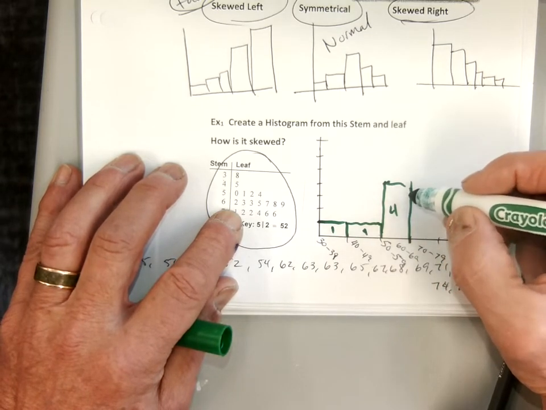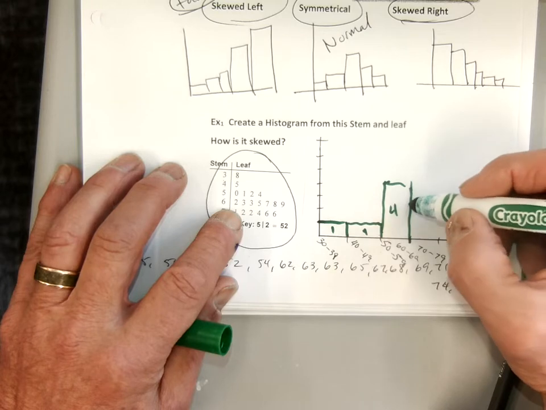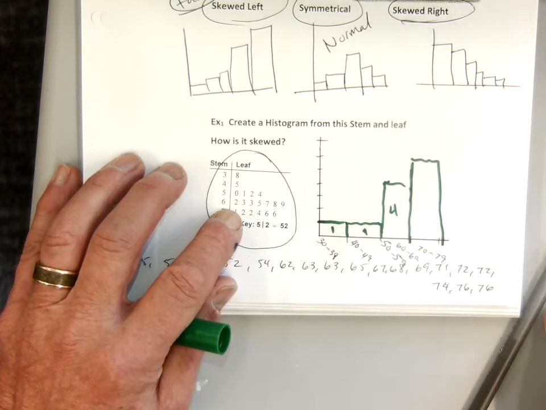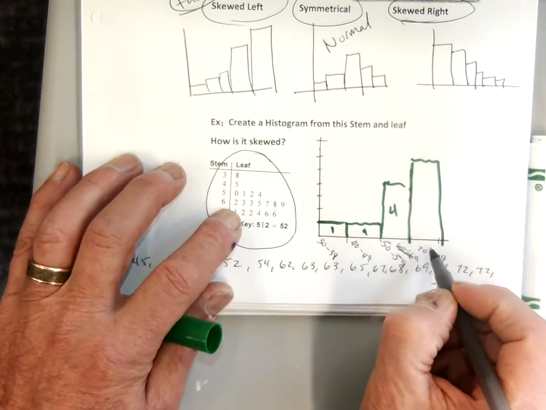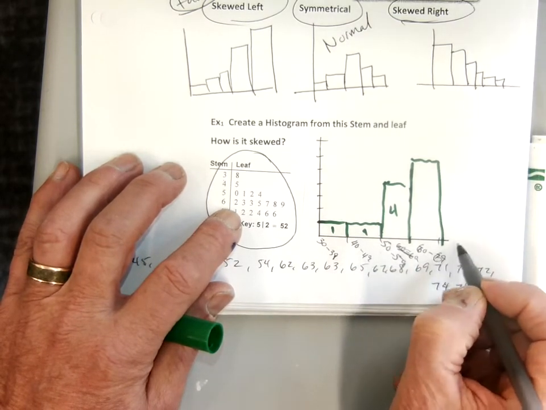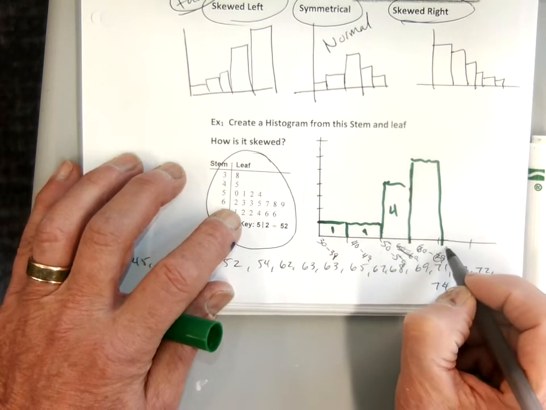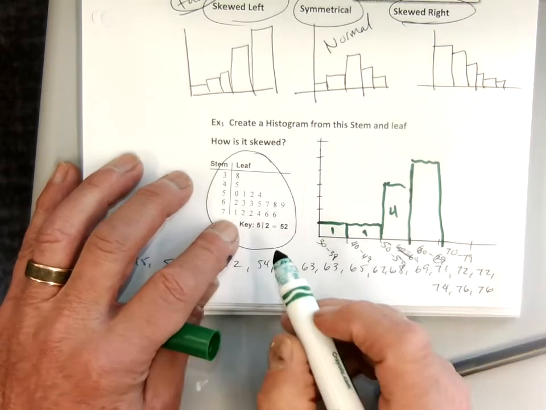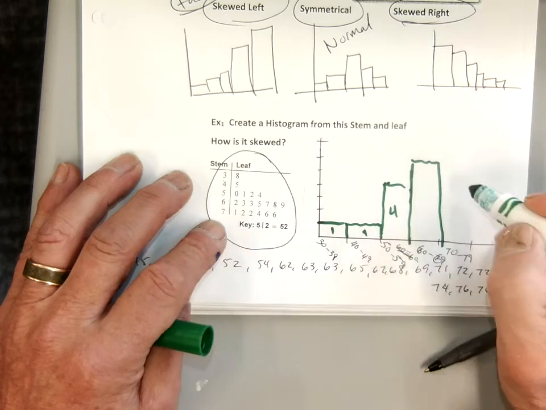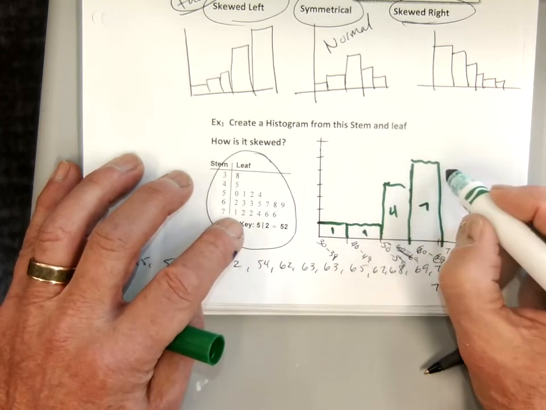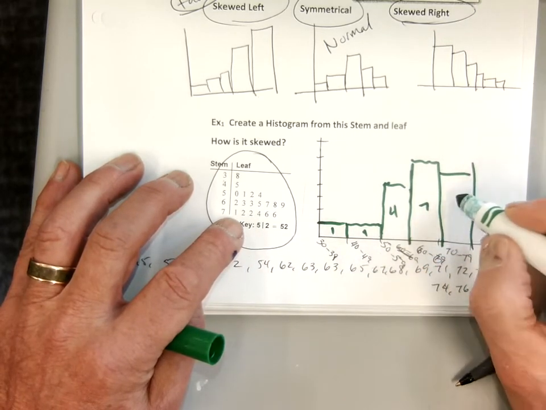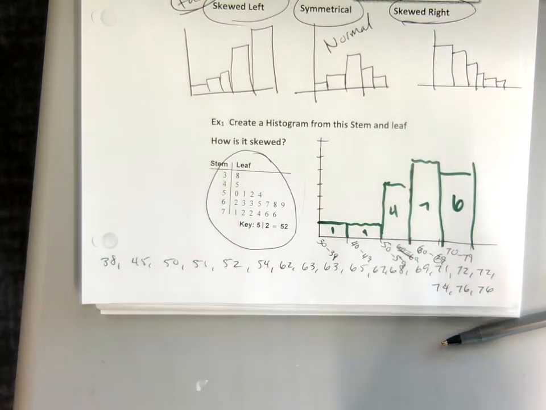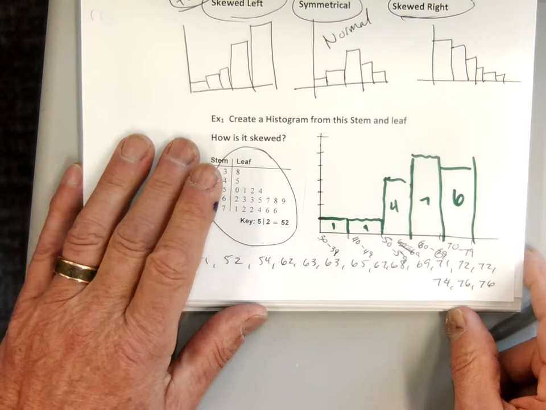Oh, I'm off by a little bit, aren't I? There's my 60s. And then my 70s, I've got 1, 2, 3, 4, 5, 6. Okay, easy. You guys agree? Easy. Okay. Thumbs up on that.